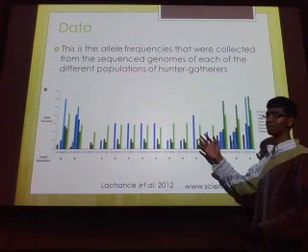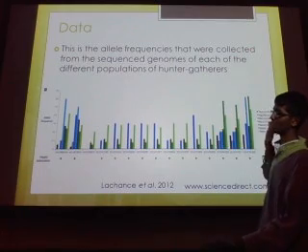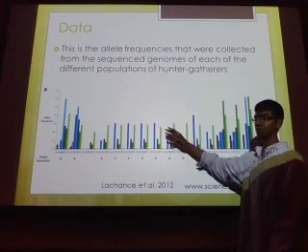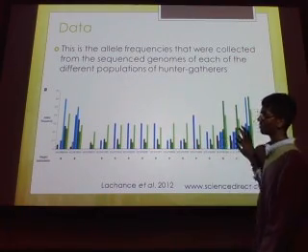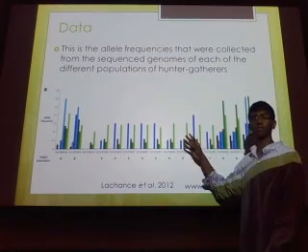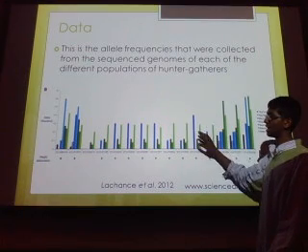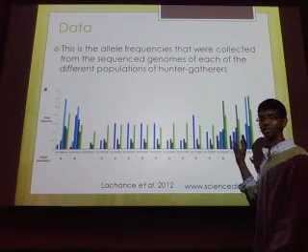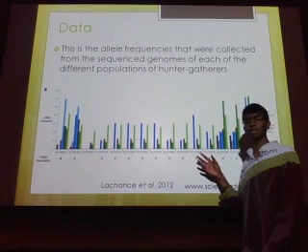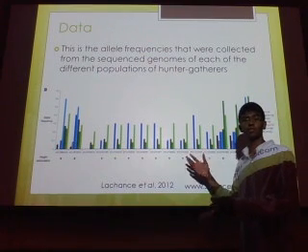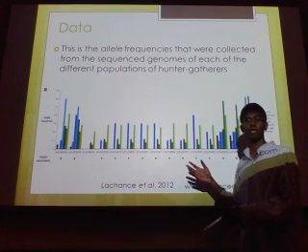humans. So this is an example of the type of data that they took, and it shows the allele frequencies of several known alleles on chromosome 3. And basically by determining the frequency of alleles, scientists are able to determine the physical characteristics of a person.